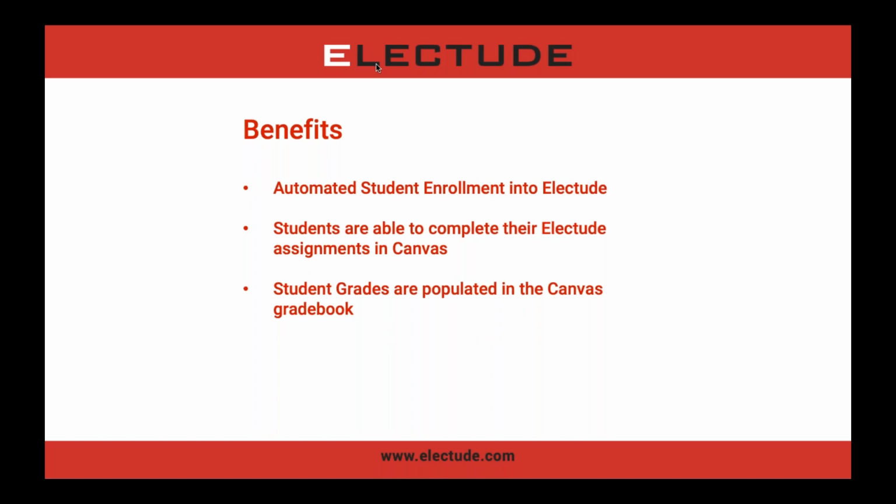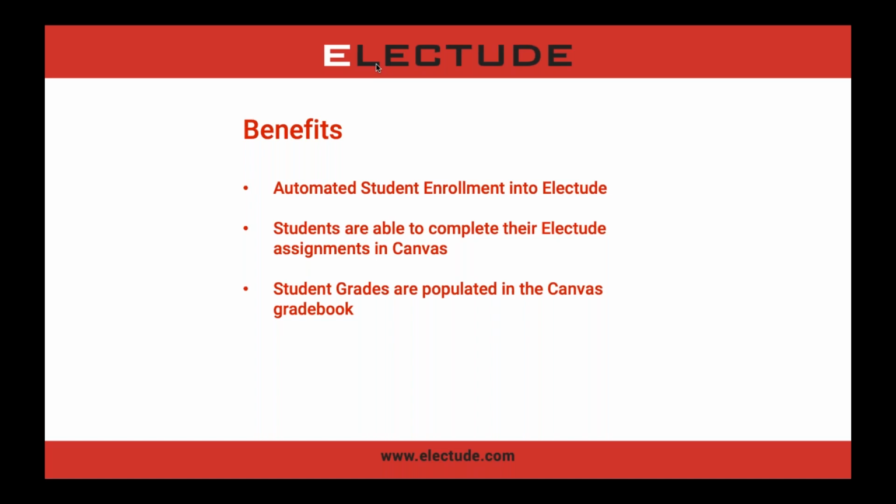I'm not going to get into too much technical detail because I don't think you want to know how the sausage is made. But basically, any student that's in your student information system at your school, when they get assigned to your class, and we have this Electude tool developed, the first time that student goes into Canvas to start an Electude assignment, they will be prompted with a screen asking them to accept the terms of service.